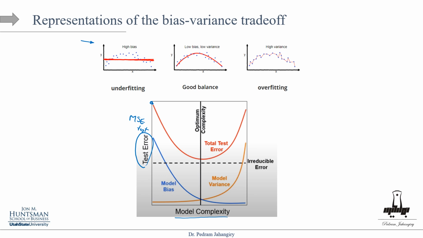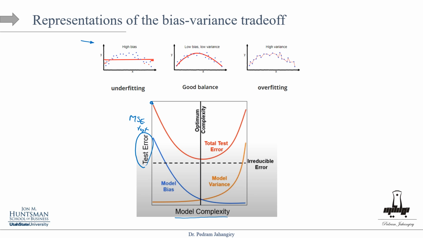It means that if you repeat this process with different subsamples and use the same model, on average it is far from reality. It seems that in reality there is this curvature relationship in the data, but the model is not capturing it. No matter how many times you repeat it, on average it's not hitting the target. We say this model has a high bias.